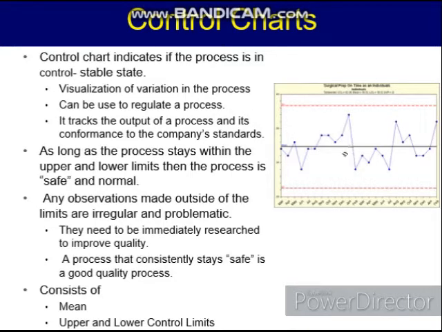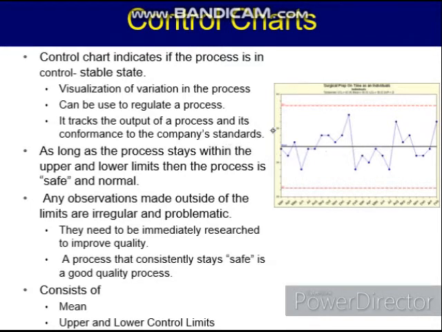If the control chart tells you whether the process is stable or not, then you can use it to regulate your process. If it's not stable, you can stop the process and take action to make sure that the process is back within its usual range. Okay?